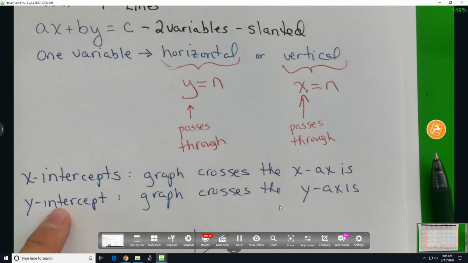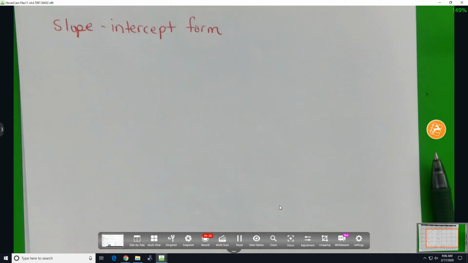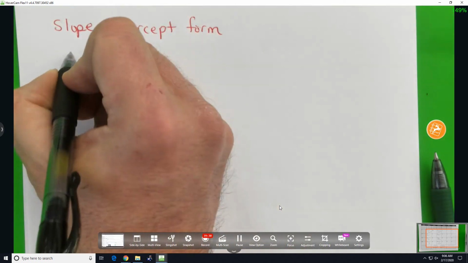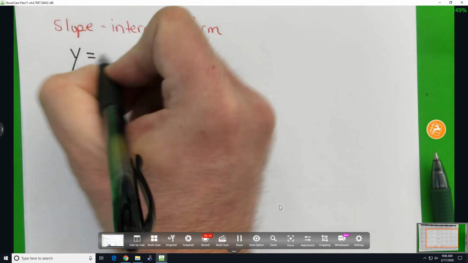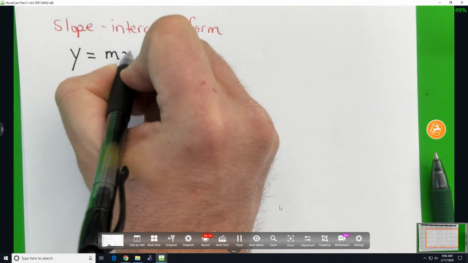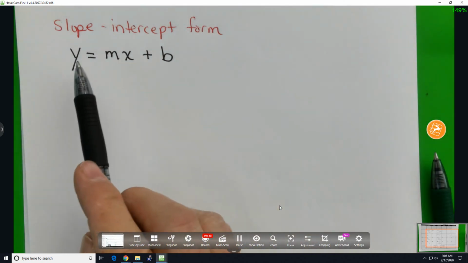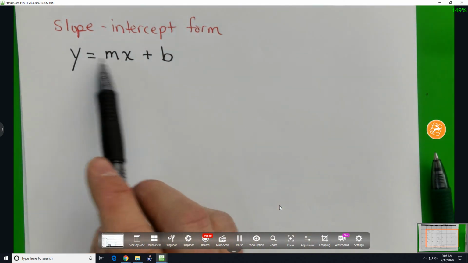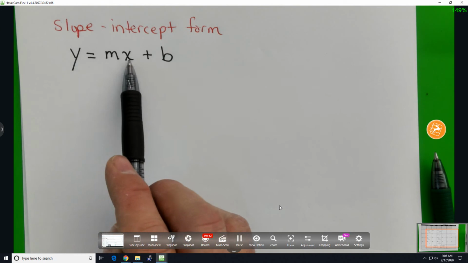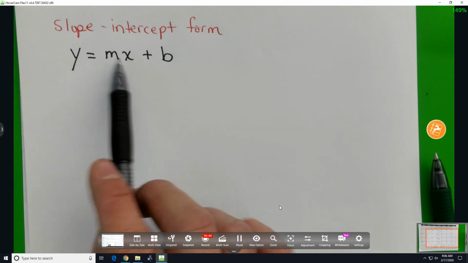So we've already discussed what these intercepts are. If you have an equation in the form y equals mx plus b, what sort of line have I just written? It has both an x and a y. Is this a slanted line? Yeah, it's a slanted line.